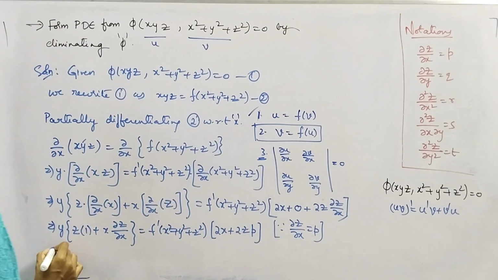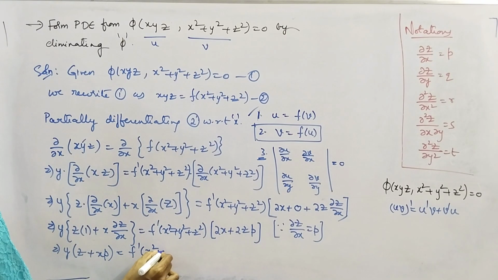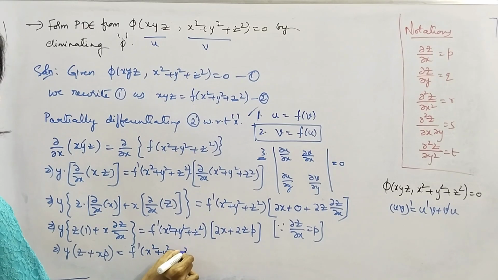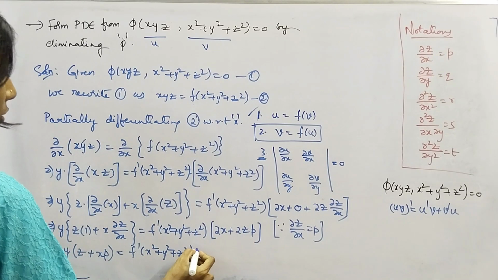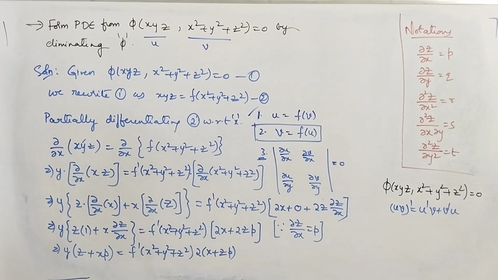Right? Fine. This gives us y times z plus x into p, you'll get xp, equal to f dash of x square plus y square plus z square into, we'll take 2 common here, you'll get 2 times x plus zp, right?